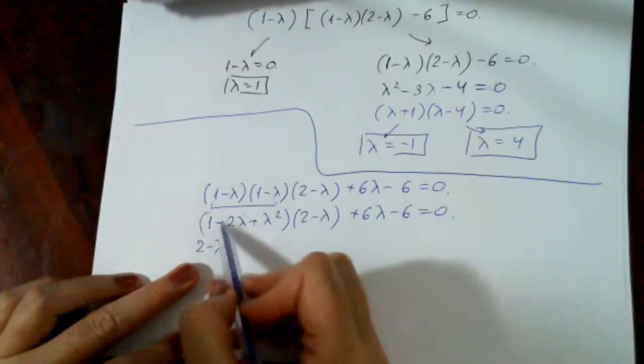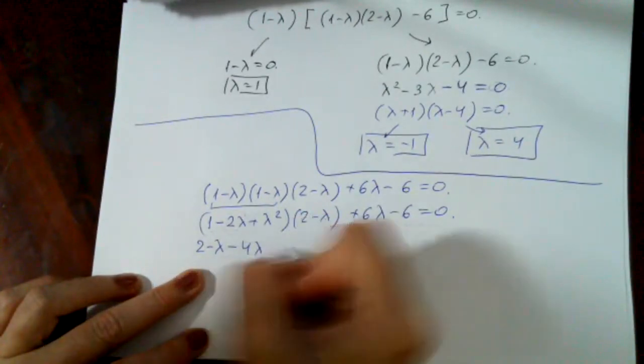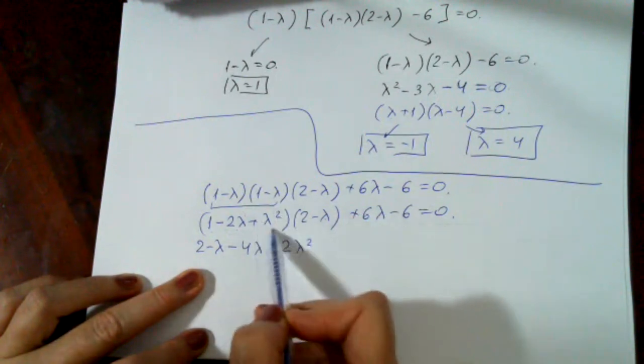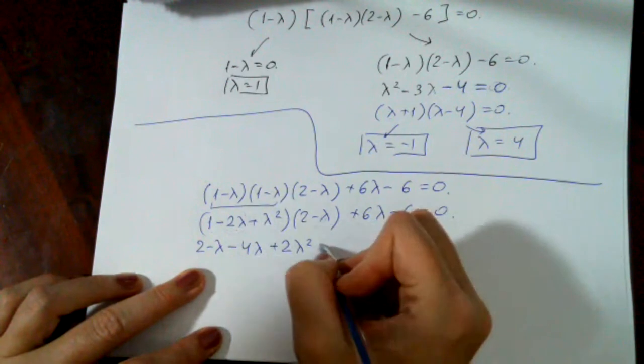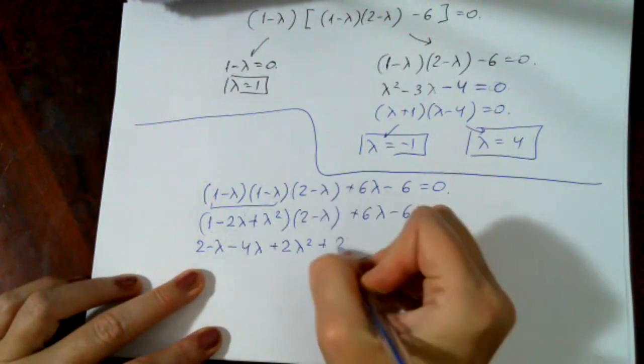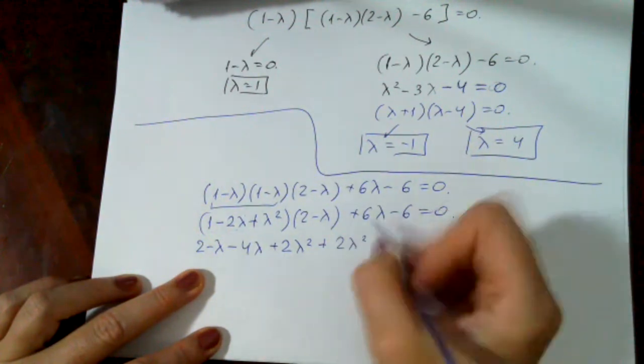So the next term, minus 2 lambda, gets multiplied by these guys. Minus 4 lambda plus 2 lambda squared. And finally, lambda squared should be multiplied by them. Plus 2 lambda squared, I'm not sure.